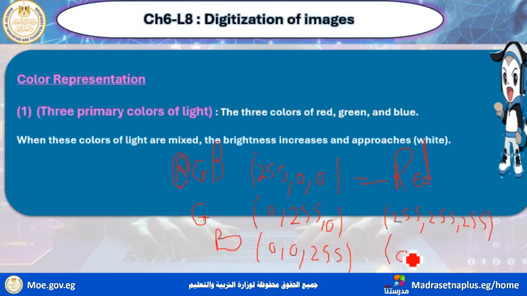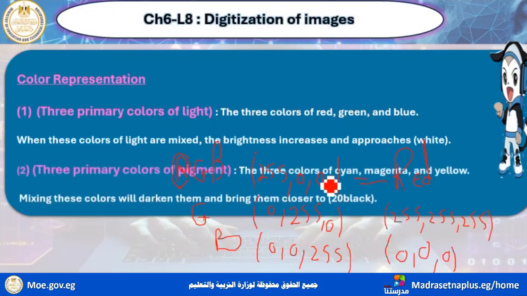It is 0, 0, 0. So the three primary colors of light create most of the colors we see by mixing the three values of the RGB system. Okay?